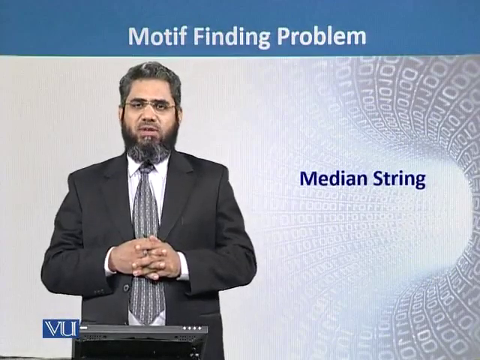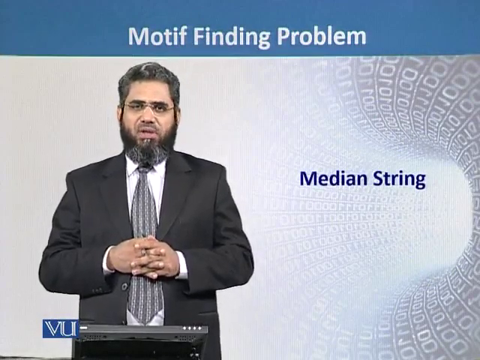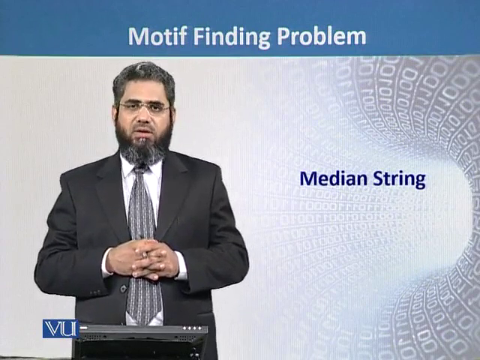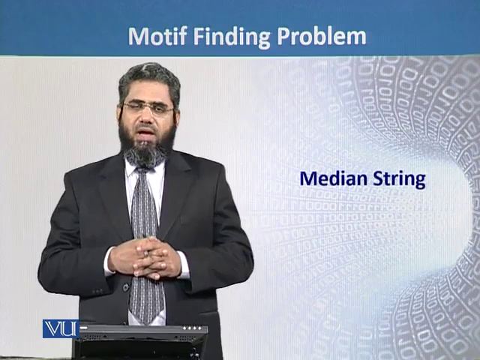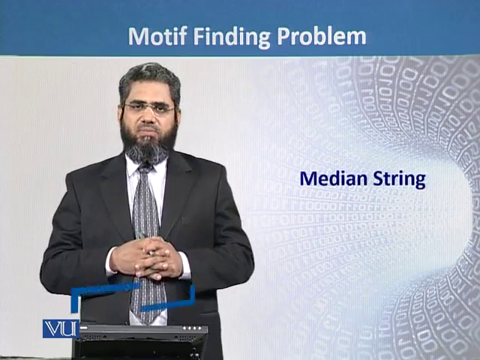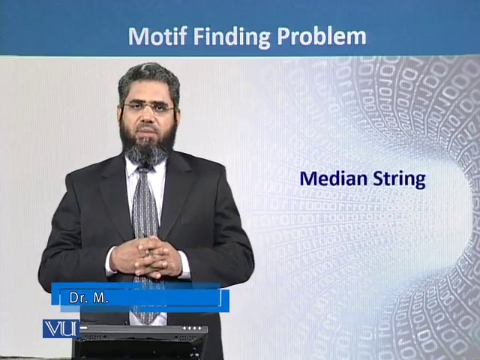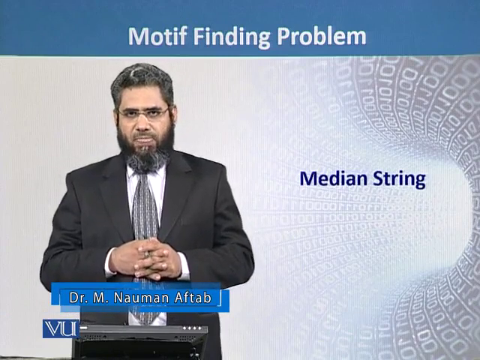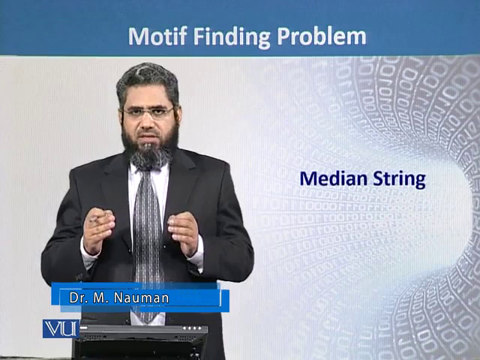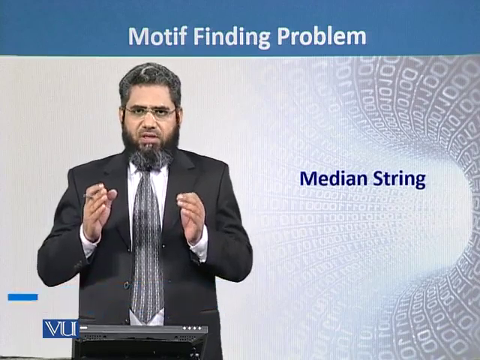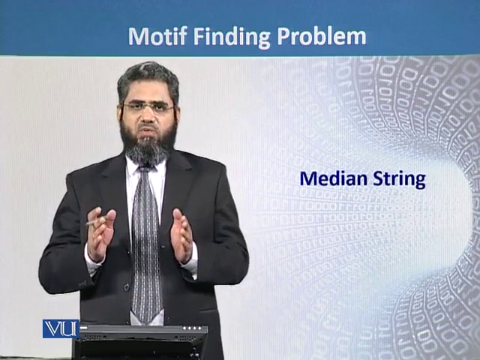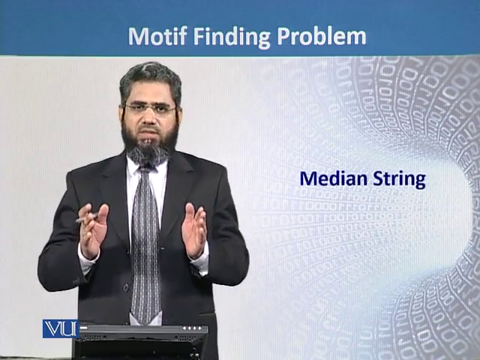Another view to solve the motif finding problem: we can convert this problem into the median string problem. In the median string problem, we calculate the Hamming distances between two DNA sequences. The Hamming distance means the difference between two DNA sequences of equal length.